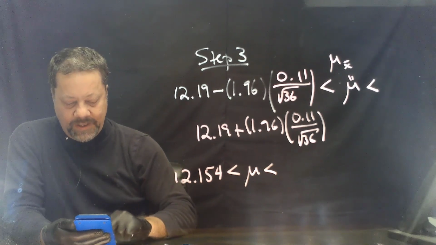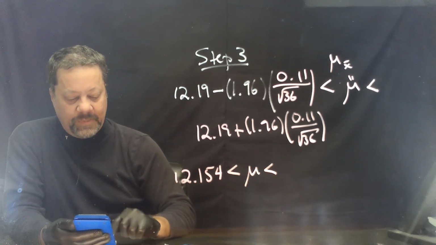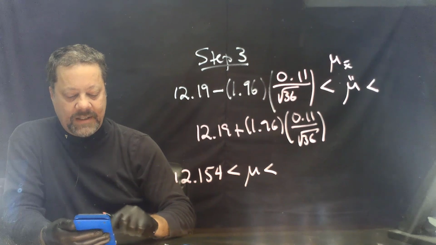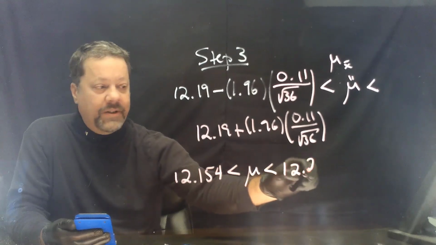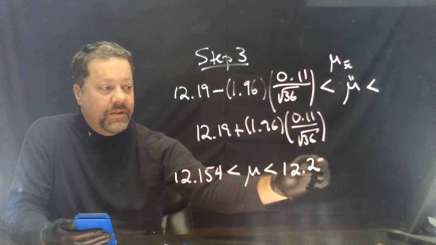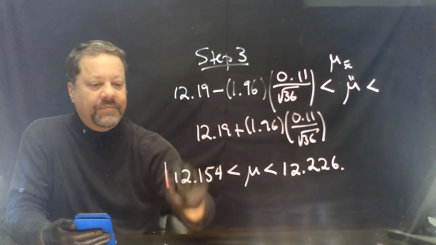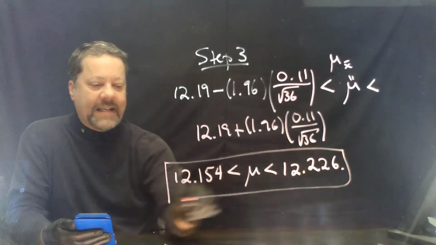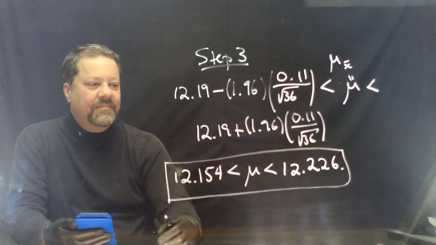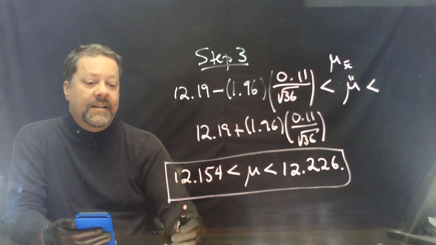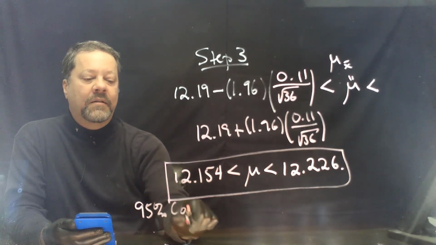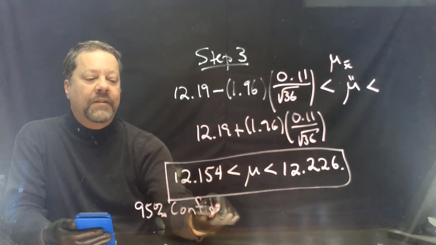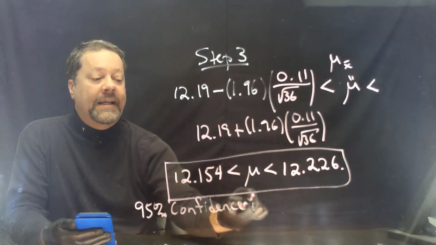And then on the other one, it's 12.19 plus 1.96 times 0.11 divided by 6. This gives us 12.226, rounding it in that last place. This is a 95% confidence interval.